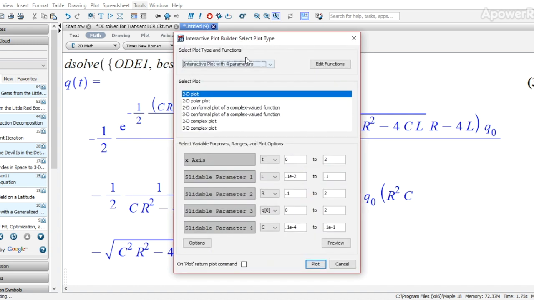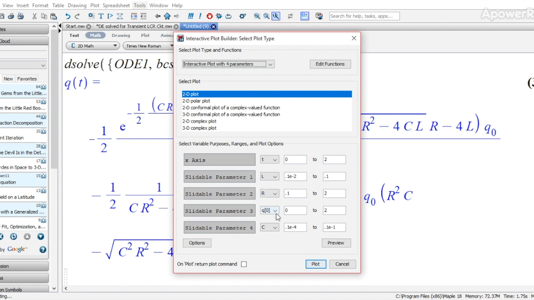Now we shall select interactive plot with 4 parameters, and on the x-axis we want time, which runs from 0 to 2. The slidable parameter L, we want L to be 0.001 to 0.1 Henry. Resistance we prefer from 0.1 to 2 ohms.